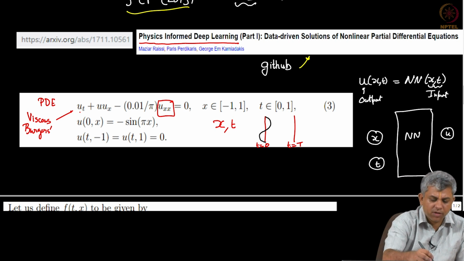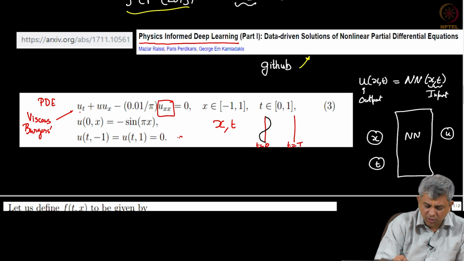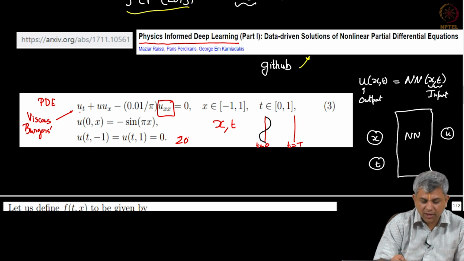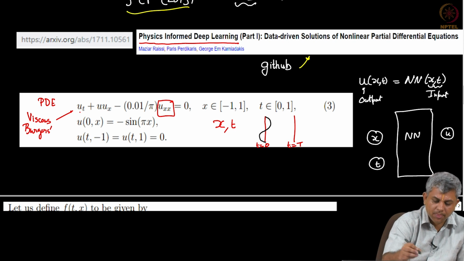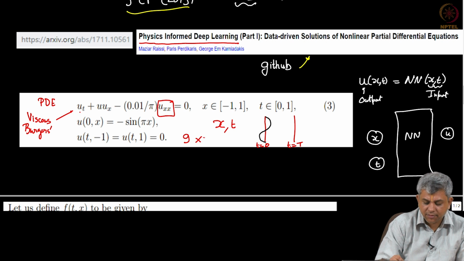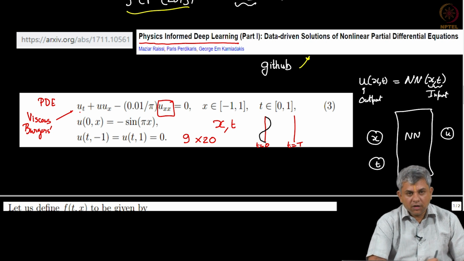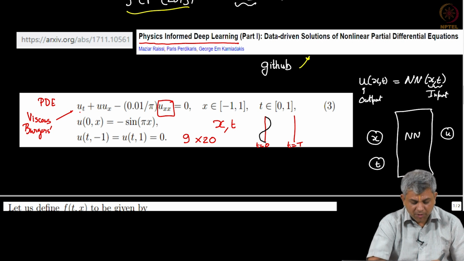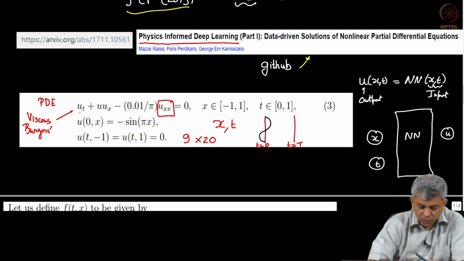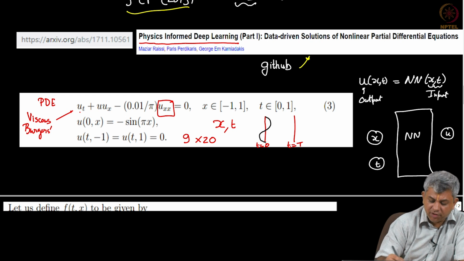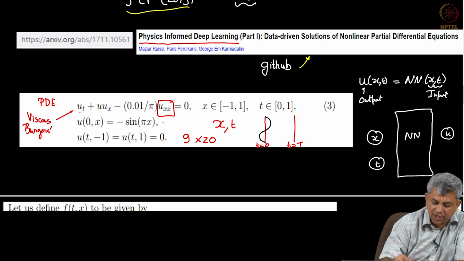For this problem they have, if I remember correctly, 20 layers, no, I think it is 9 layers with 20 neurons each. Okay. So, please do refer to the paper, I might be wrong on this number. Okay. So, the boundary conditions they have given, this is what is called the initial condition.